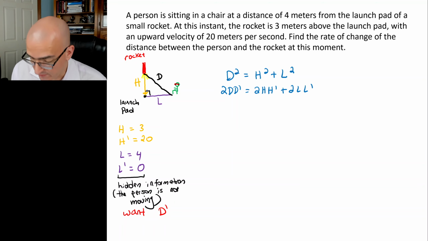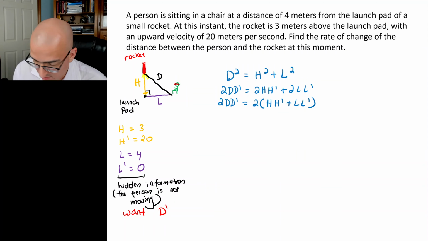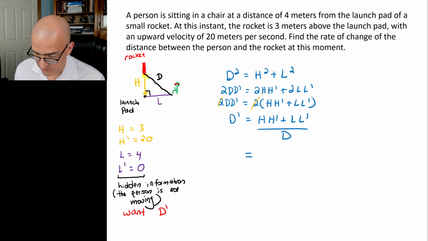Common factor the 2 from the right hand side. 2d d prime is equal to 2 times (h h prime plus l l prime). We can cancel the 2's. Okay, and then we're after d prime, so I'm going to divide both sides by d. d prime equals (h h prime plus l l prime) all over d, and then we can substitute in our data. I'll leave brackets for everything.